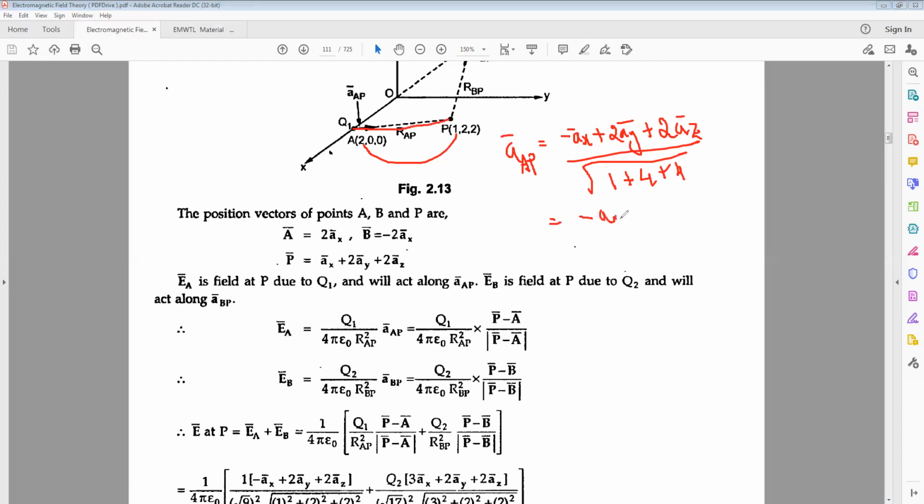So minus AX bar plus 2 AY bar plus 2 AZ bar, divided by 3. Got it, my students?